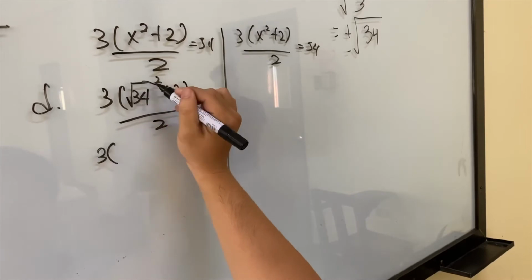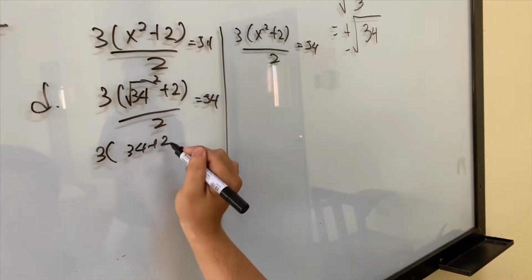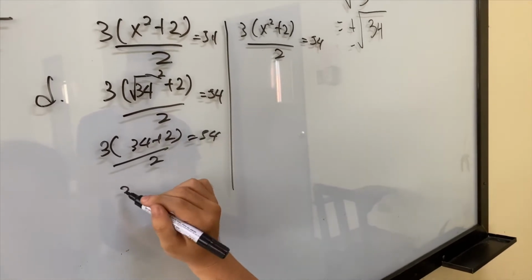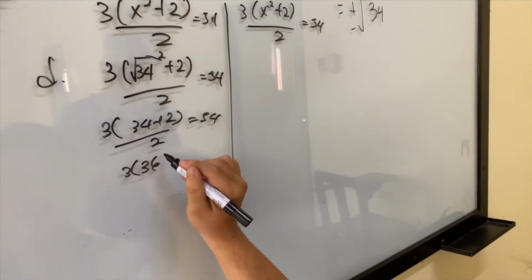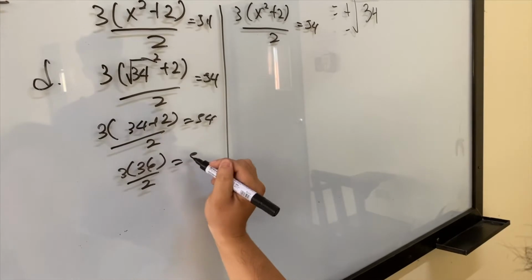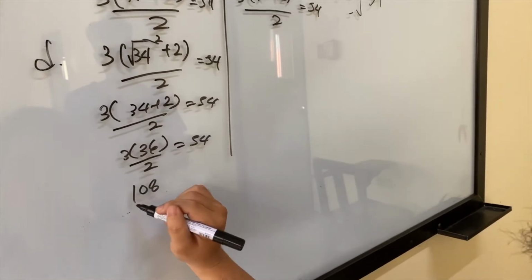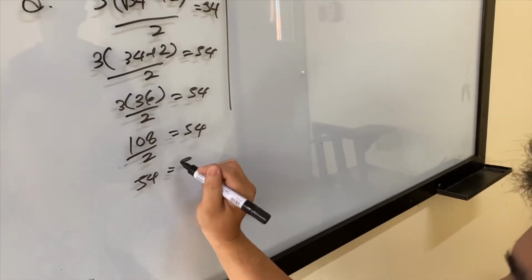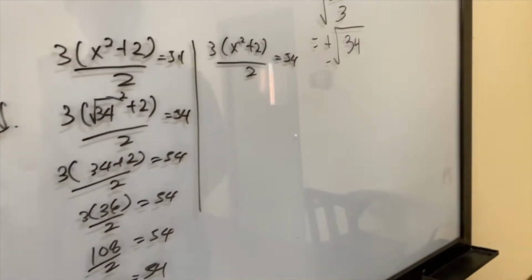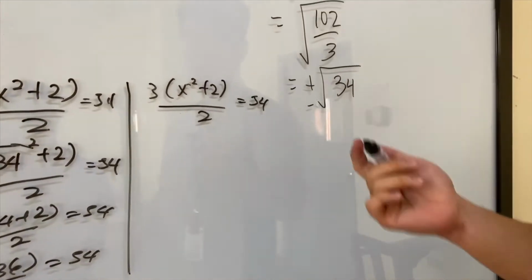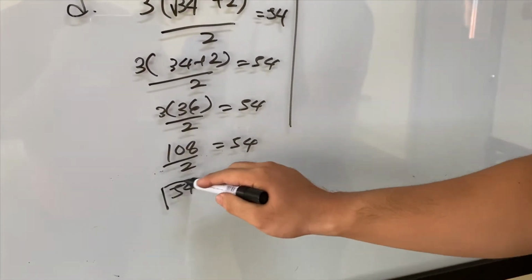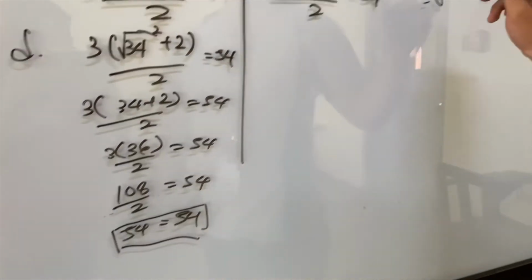Cancel: (3 times 34 + 2)/2 is 54. Next, 3 times 34 is 102, plus 2 is 104... so 108 over 2 is 54. 54 is equal to 54. So as you can see, if you use the value positive square root of 34, you can get the same answer. So the original number is positive square root of 34.